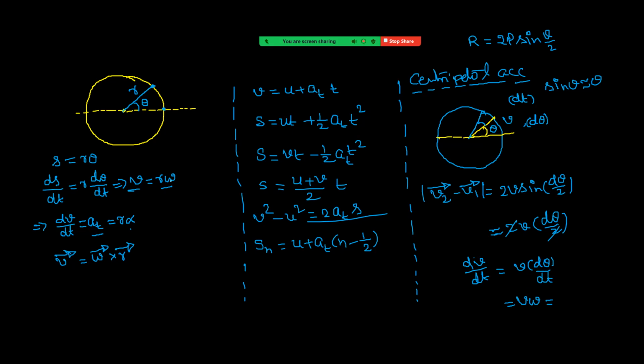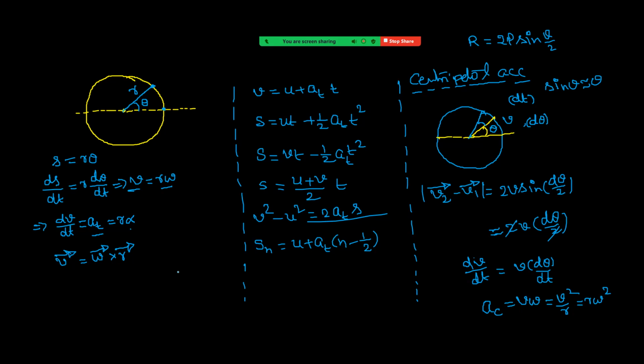Or in place of omega, we can write v by r, so it becomes v square by r. Or we can write this in terms of r and omega, that is r omega square. That means this centripetal acceleration is equal to v omega, or v square by r, or r omega square. Its direction is towards the center.